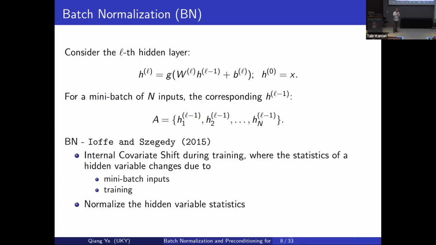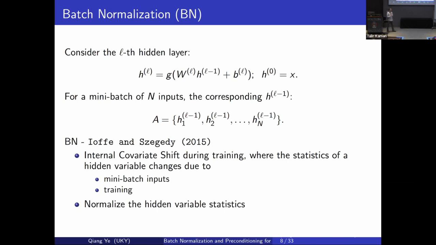When you have a different mini batch, the statistics of the input to layer L change, by which I mean the mean and variance change. And they think that if those statistics change, then W_L, which you are trying to train, will have to adapt to that change, because W_L is applied to H_{L-1}. Now you have a different mini batch, so what you're seeing is a different activation. So they think W_L will have to adapt to that change, and that slows down the training.